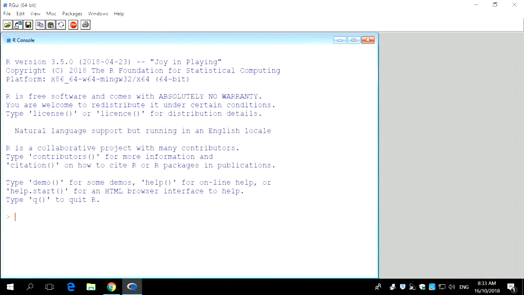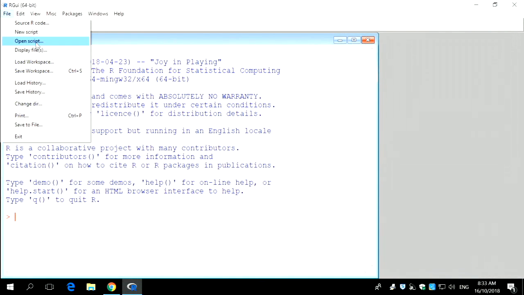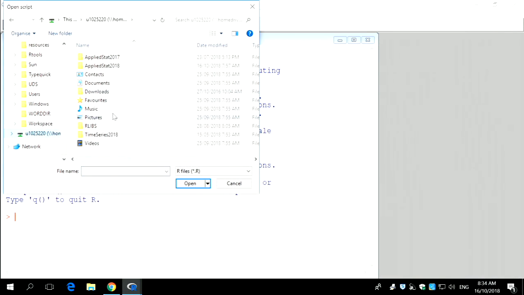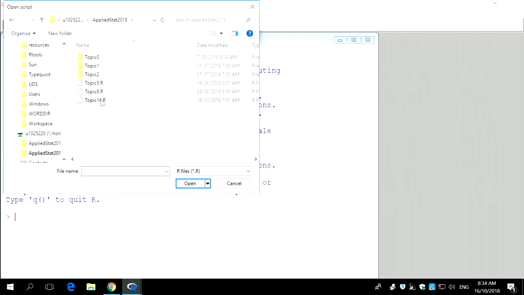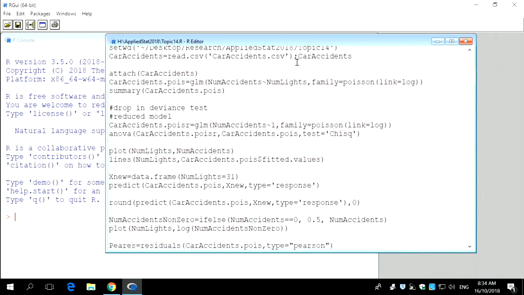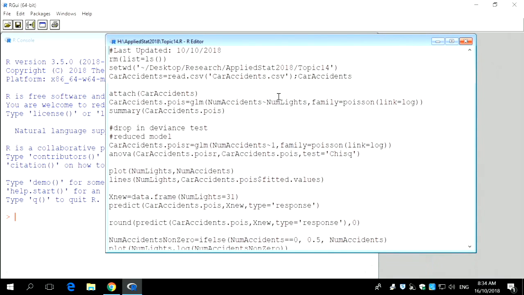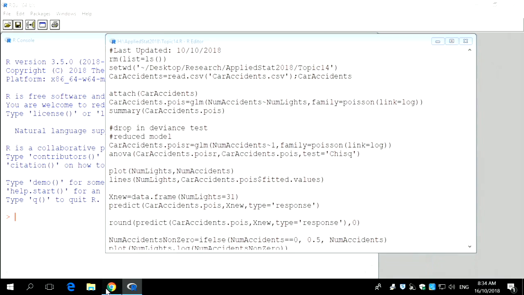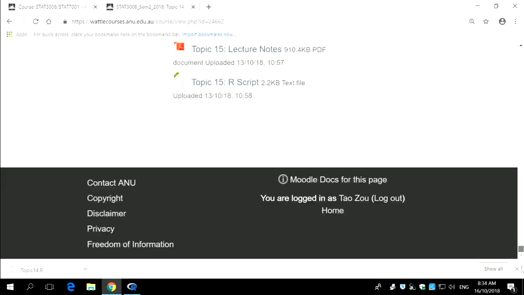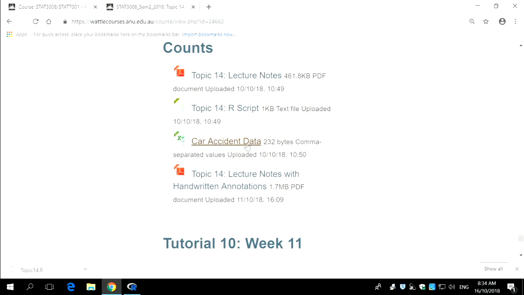Okay, so let's just have a look at R. Firstly, you need to open R. I think I have already saved R here. I may also need to save the data set, otherwise I cannot do anything. So the data set is here.